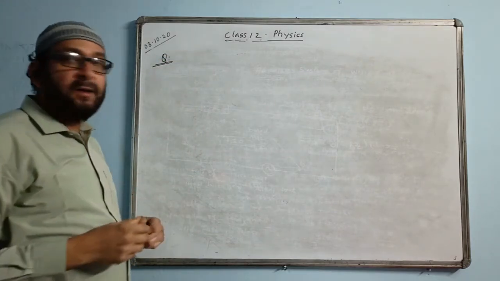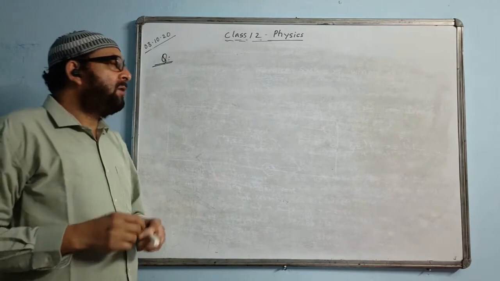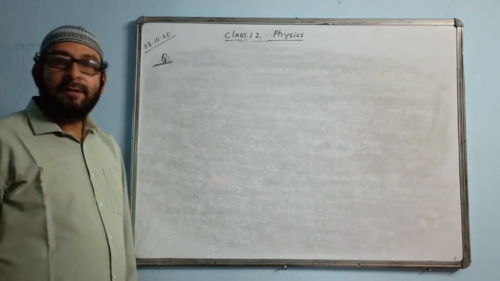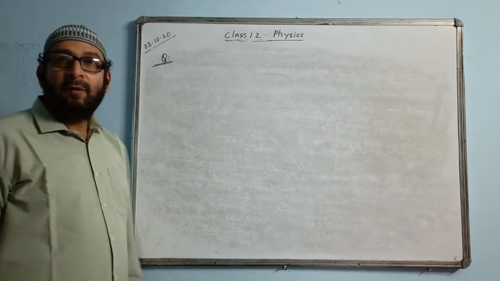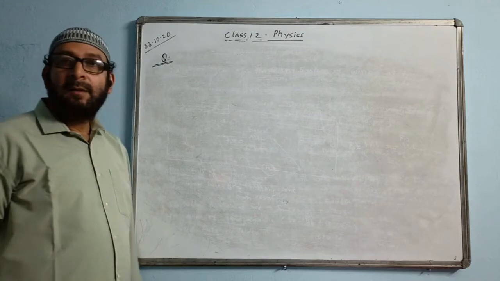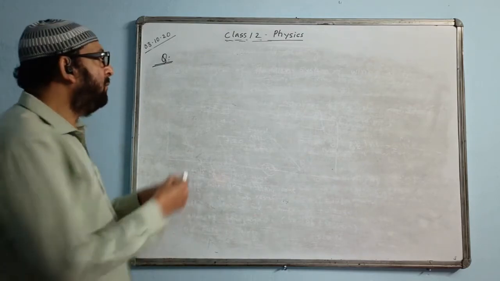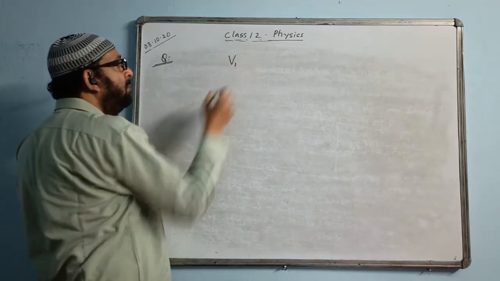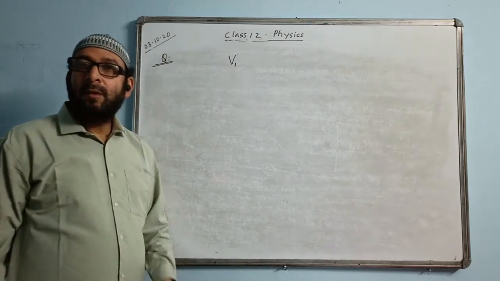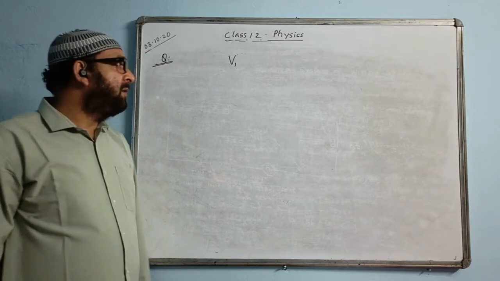In the following circuit, the voltmeter V1 reads 0.